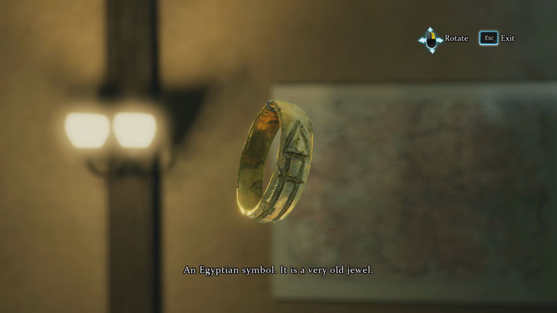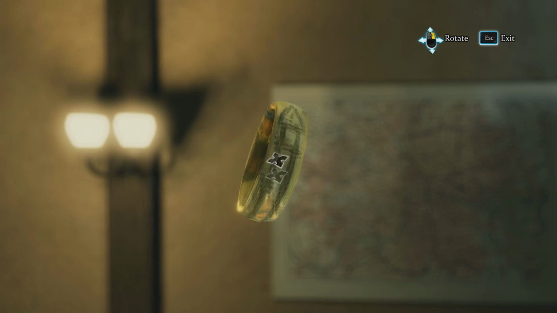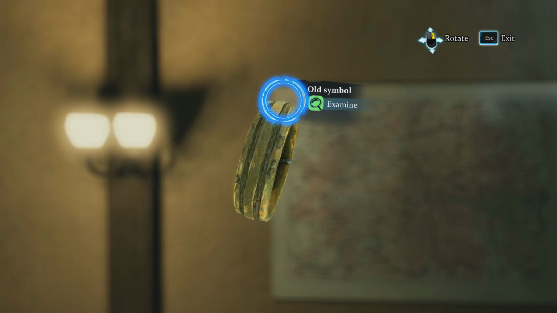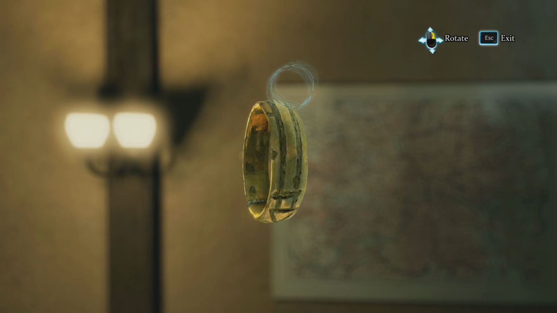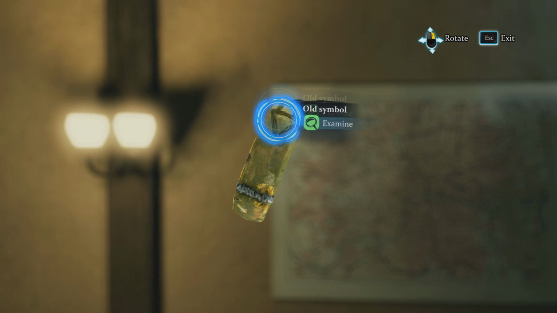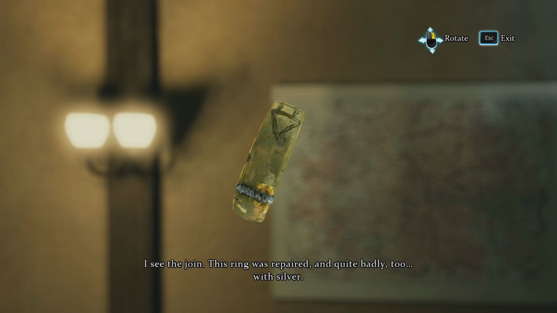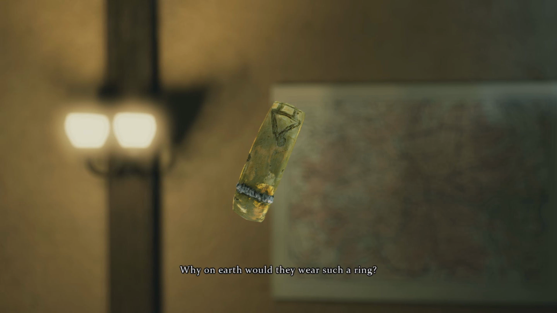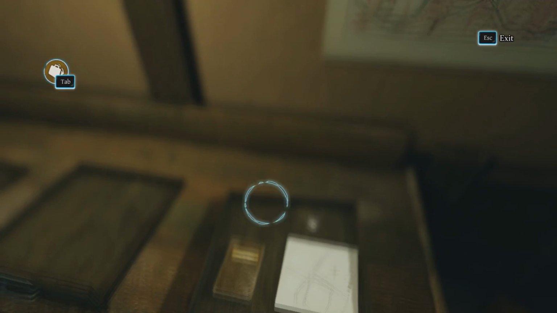It is a very old jewel. Maybe he found it in one of his excavations. I see the join. This ring was repaired, and quite badly too, with silver. Melted silver. Why on earth would they wear such a ring? A very pertinent question. Yes, I'm gonna take that.